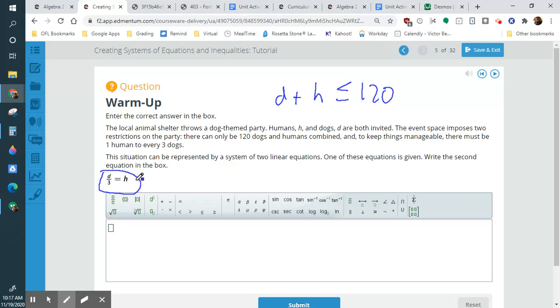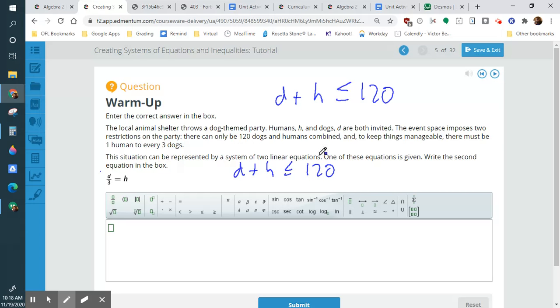They're like, okay, so dogs divided by 3 has to be humans. So every human can bring like 3 dogs, I guess. So these are our 2 restrictions. Restriction 1 is dogs plus humans is less than or equal to 120.